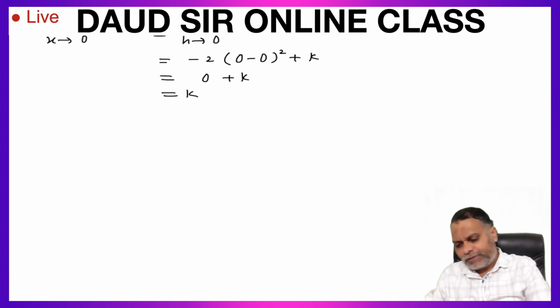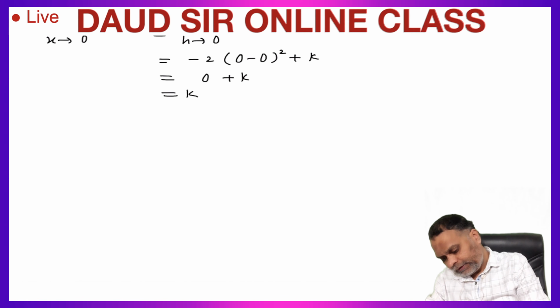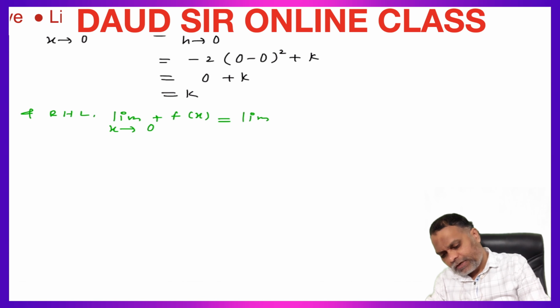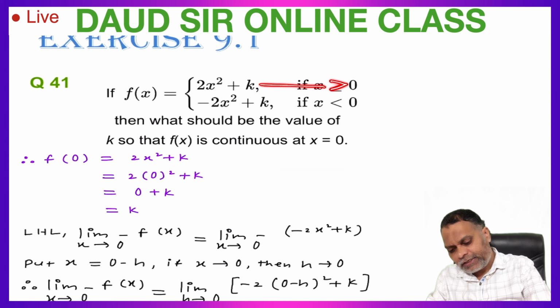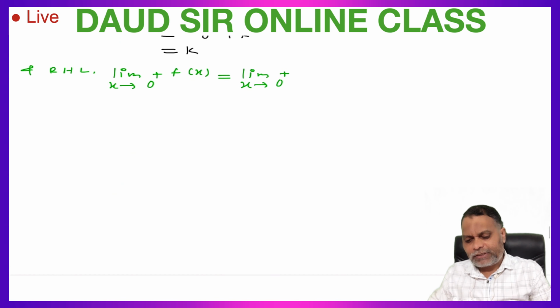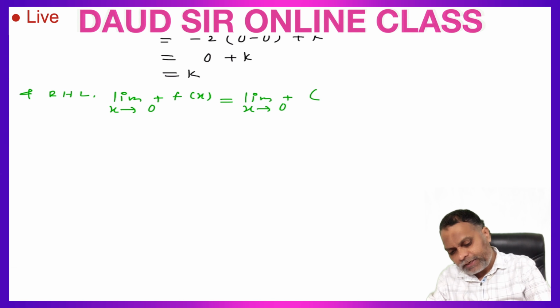And right hand limit, limit x tends to 0 plus f of x is equal to limit x tends to 0 plus where x is greater than 0, here x is greater than 0, so take this function 2x square plus k.